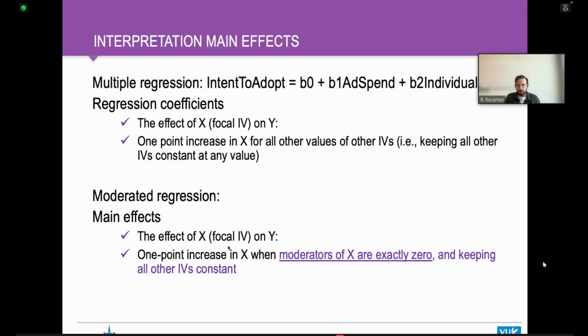So when you have a moderated regression and you talk about only the coefficient of the main effect, the moderator has to be at 0 level. And you also keep all other independent variables constant, because you might also have control variables in the regression. So ceteris paribus still applies for the other variables that are not included in the moderation, but the moderator itself has to be 0. Okay, is this clear?